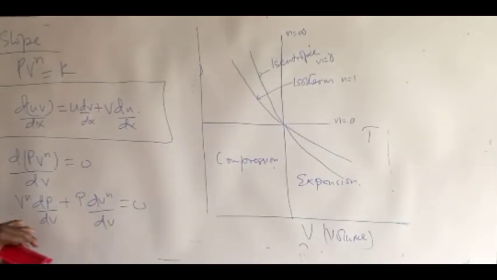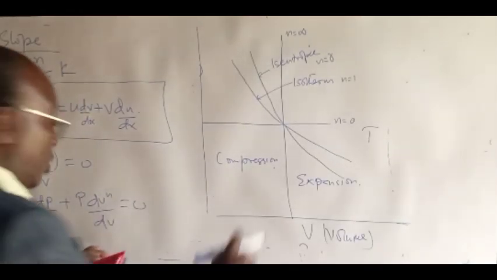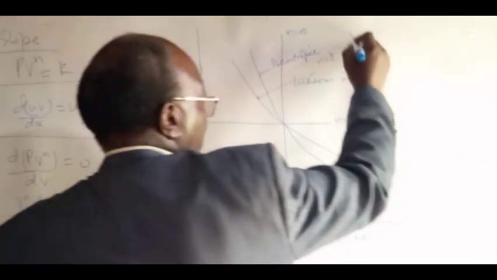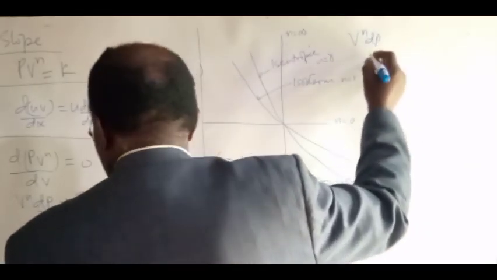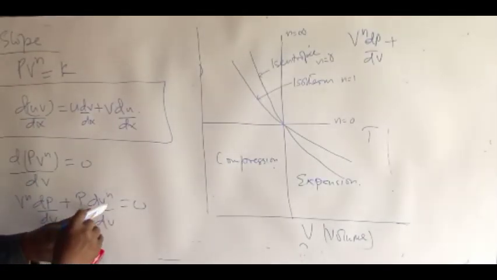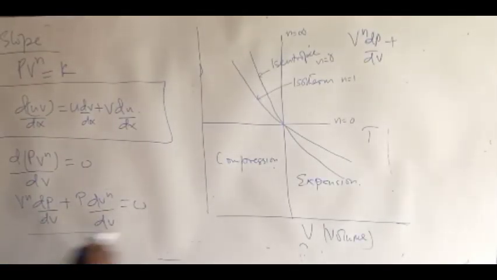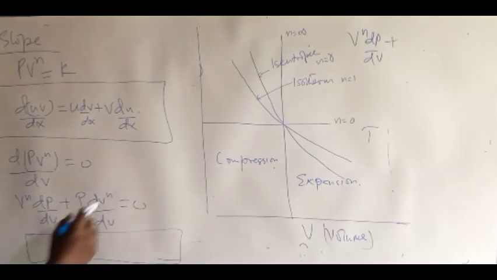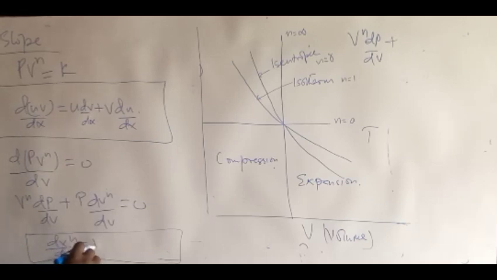Now, when we sort out this quantity, we have v^n dp over dv plus p d(v^n) over dv. We use the identity. We know that d of x^n with respect to dx will be n x^(n-1).